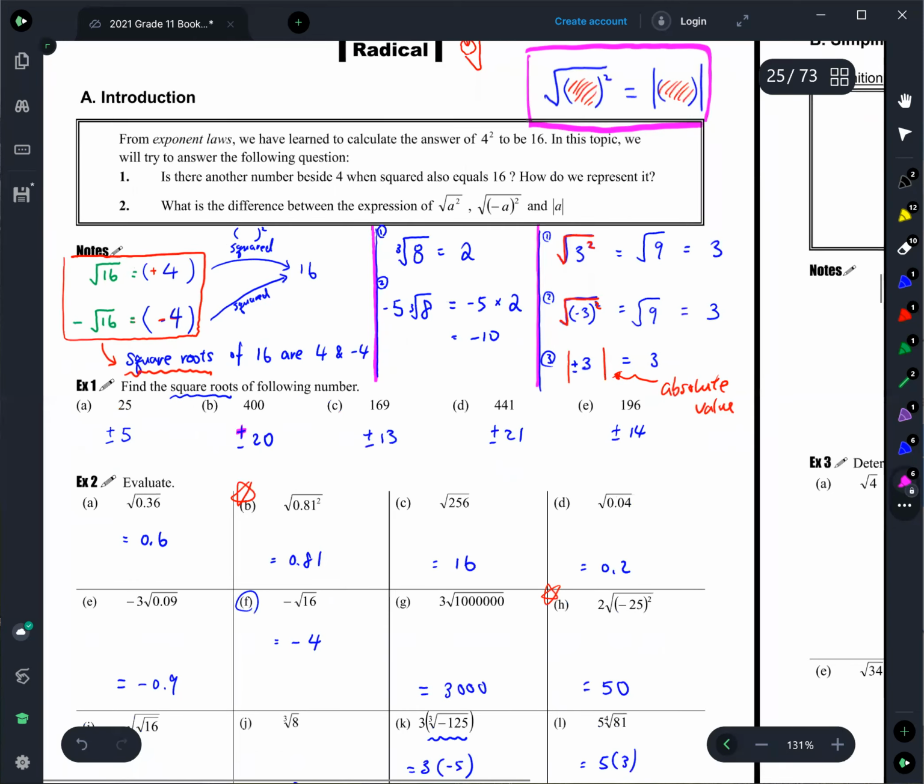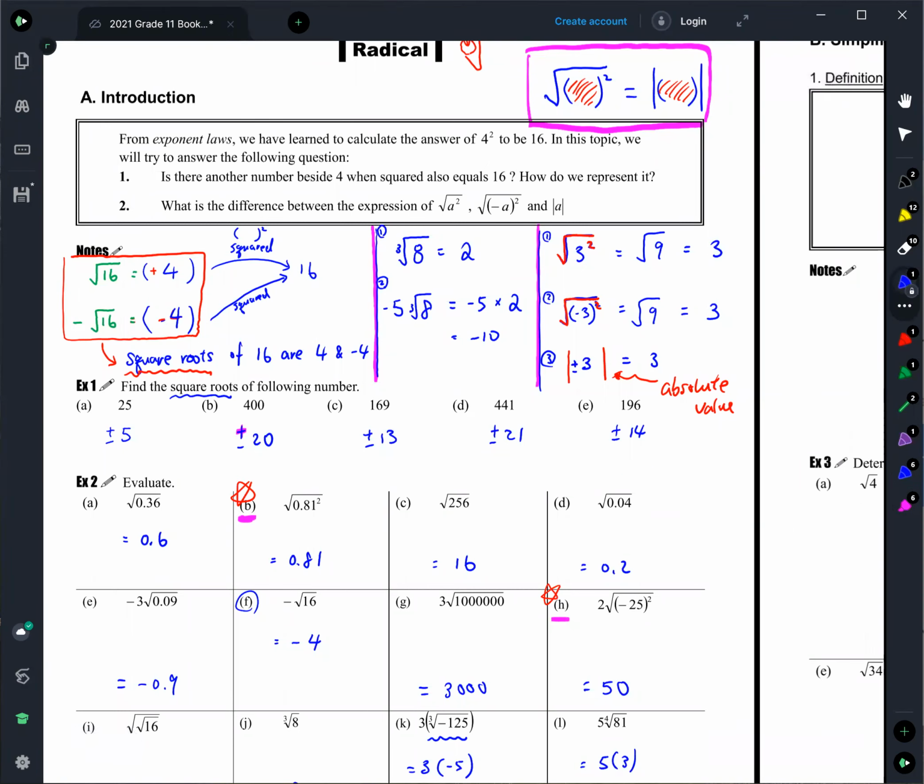So we have 2 examples down here, question B and question H. For question B, 0.81 just stays the same. For question H, the negative 25 becomes positive 25. So you can write it like this, equals 2 times 25.